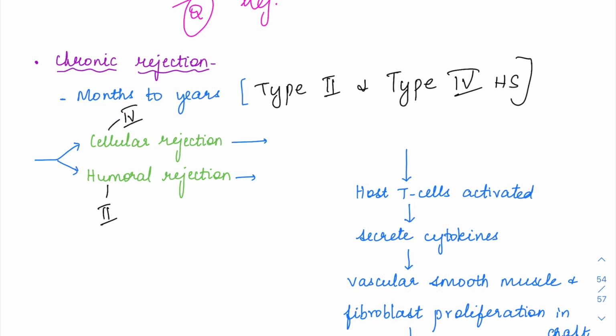Cellular rejection is the type 4 hypersensitivity. In the cellular rejection, here it is actually the indirect pathway. In the indirect pathway, what will happen? The host APC will have to go and take up the donor's antigen, and then present it to the host T cells. So it is going to take some time. This is the indirect pathway which is involved in chronic rejection.